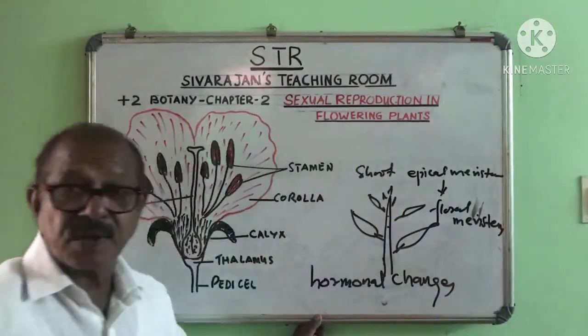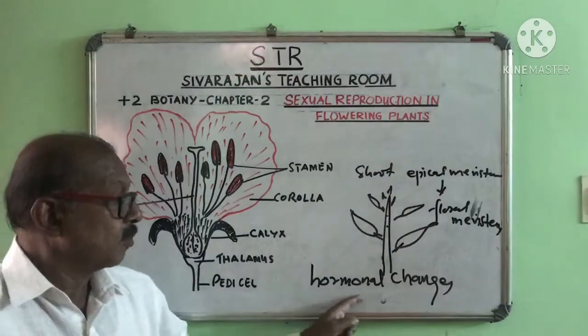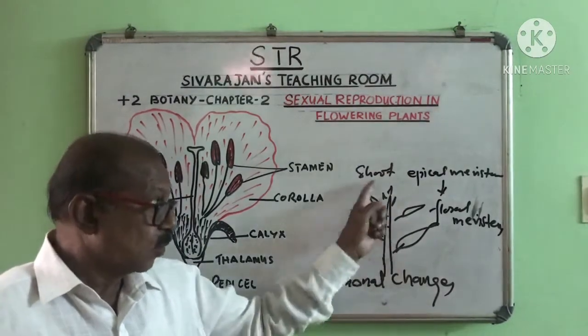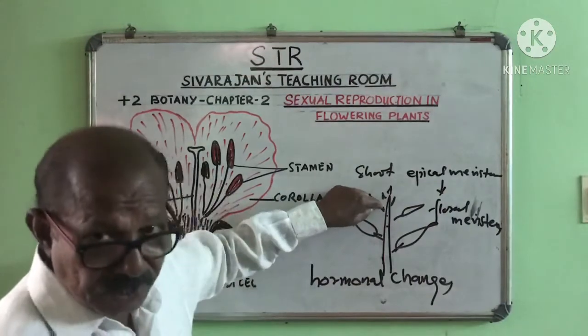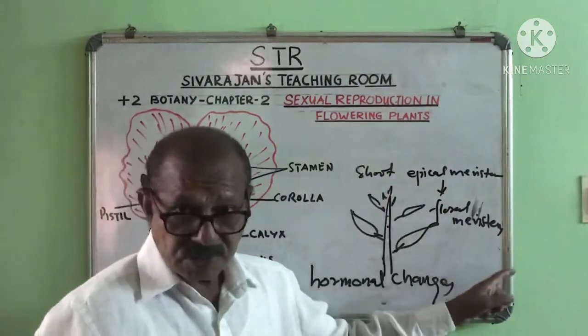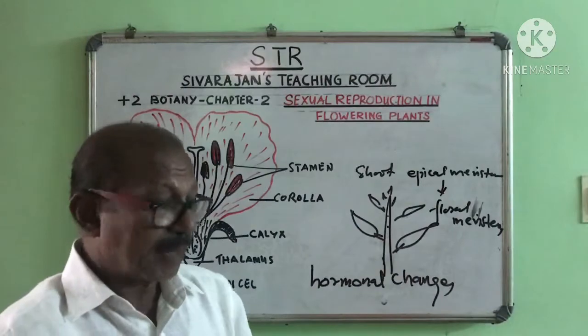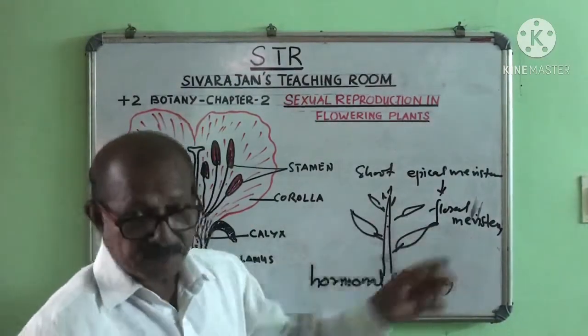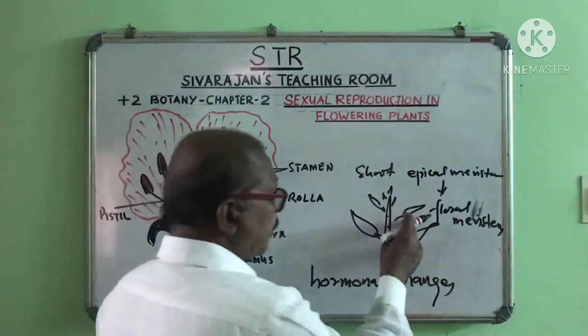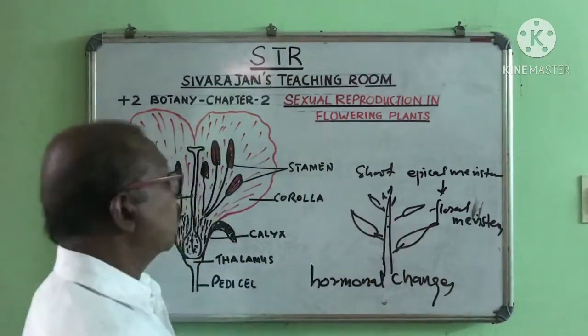So how does a flower develop? Due to hormonal changes, the shoot apical meristem, that means the meristem at the tip of the branch, undergoes structural changes and becomes the floral meristem. And from the floral meristem, instead of developing leaves, the floral parts develop.